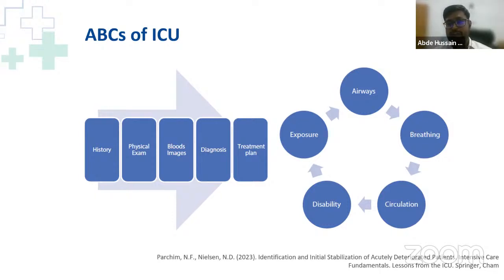And another one is F, which is fever, so hypothermia and hyperthermia. So these are the quick analyses of an ICU patient that need to be undertaken, followed by the history and the physical exam, further deep, like a head to toe examination. Then we send the blood investigations, images, and after the physical exam and the leads that we get from the imaging and diagnostics, we come to a therapeutic plan.